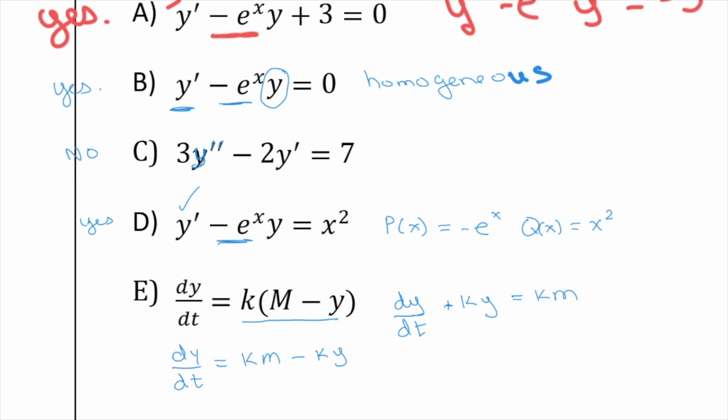All right, so I've rearranged the problem. Could I rewrite k as p of x? The answer is yes. Remember, we can have constants multiplied by that y value. And what about q of x? Once again, we have constants, and the constant is k times m. So yes, this is a first-order linear differential equation. However, I cannot use separation of variables to solve it.